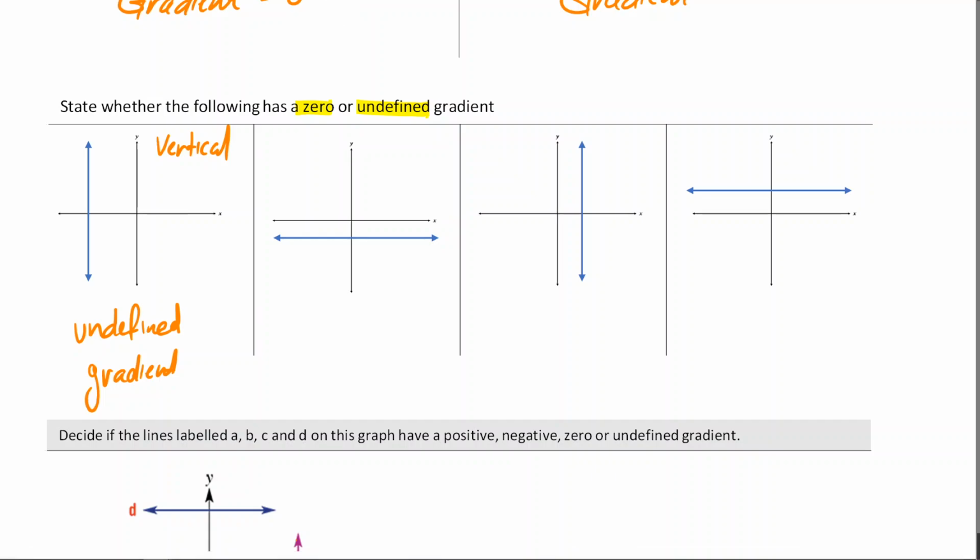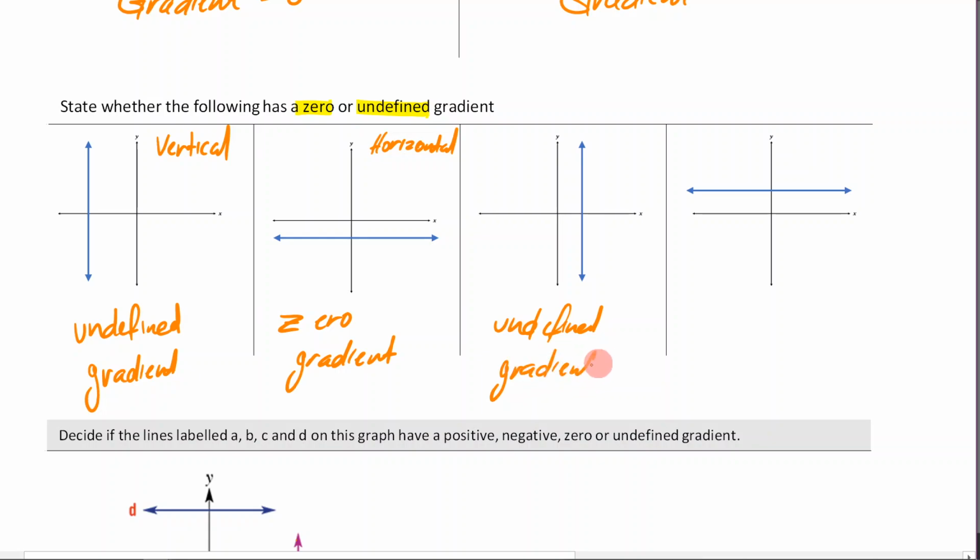So pause the video, make sure you are giving this a go yourself. This one's horizontal. And I know that a horizontal line has a 0 gradient. This one's vertical, so it's undefined. It's an undefined gradient. And then this one is horizontal, so it's going to have a 0 gradient. Let me write it down there.